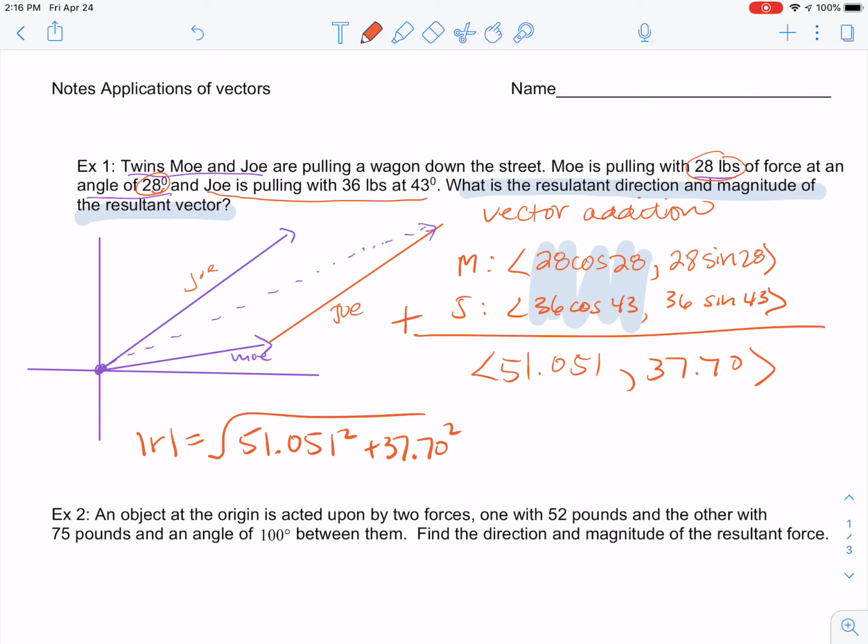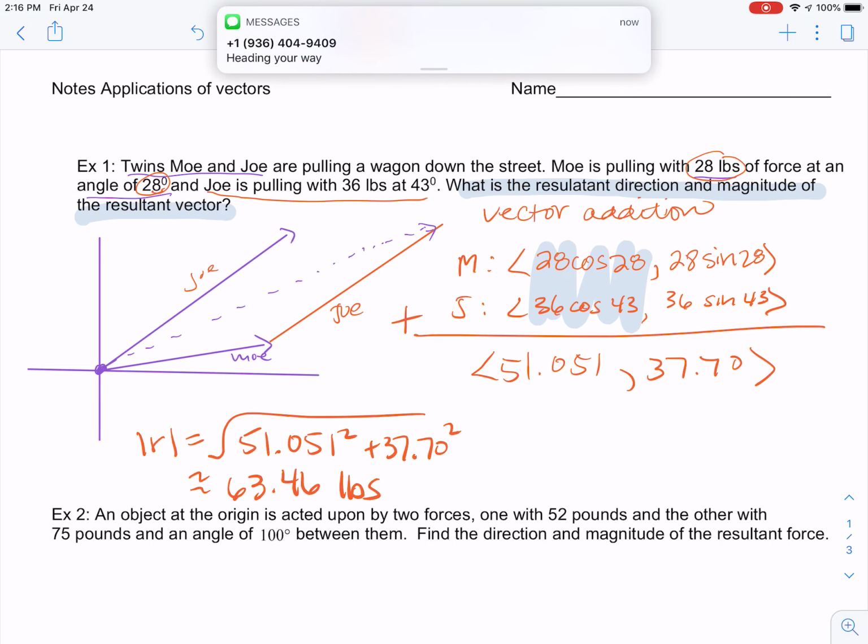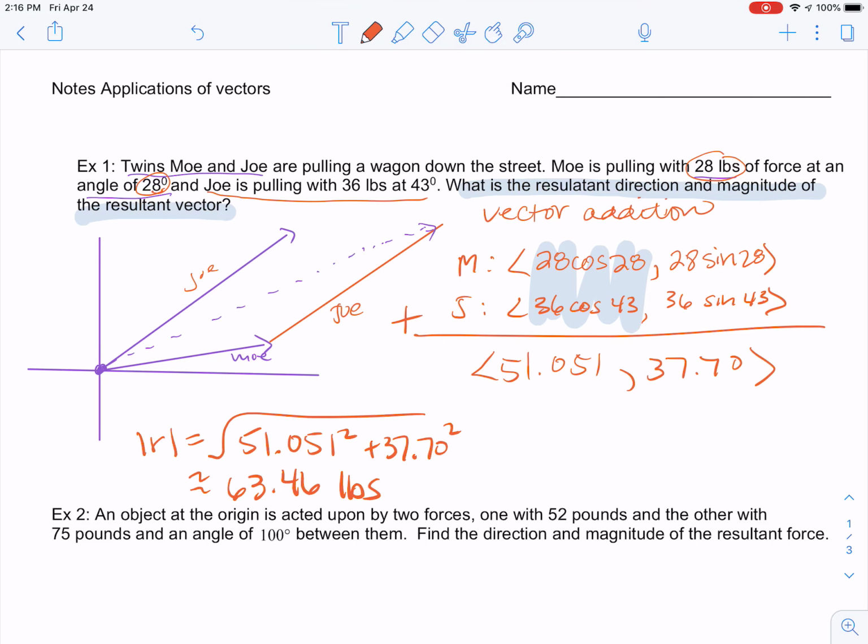I'm just over here typing it on my Casio. So it's 51.051 squared plus 37.70 squared. And we got approximately 63.46 pounds of force. Now notice it's a lot more than those two, so that's good.